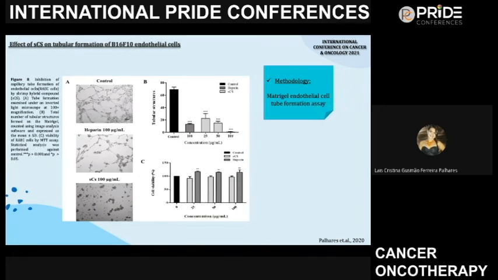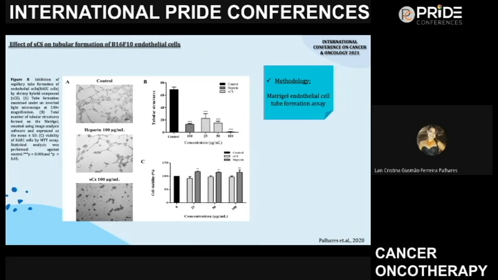It's a very simple experiment where you want to see structures that resemble the formation of vessels, which is the tubular formation. What we saw here is that at the highest concentration of SCS tested, the compound was able to inhibit almost 100% of the tubular formation. So we were really impressed with these results.